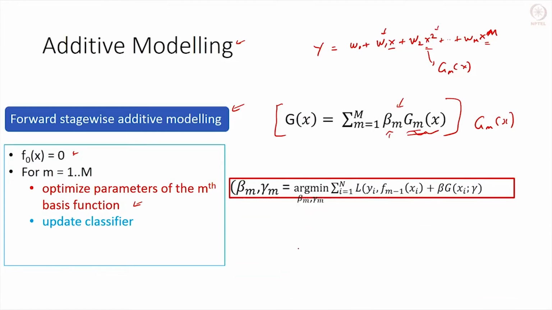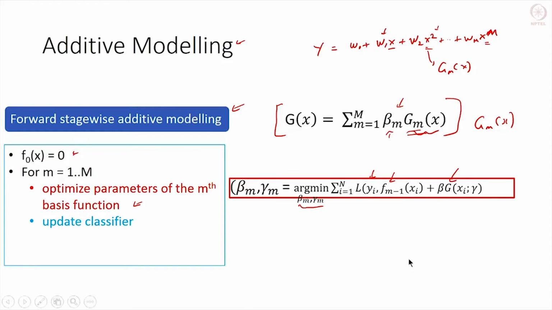Okay. Which is basically given by this formula here. So, argmin with respect to beta and gamma m, L is the loss function for one data point, so it is summed over n data points. L takes as input your ground truth y_i, your classifier from the previous iteration, and this is the classifier that we want to estimate.